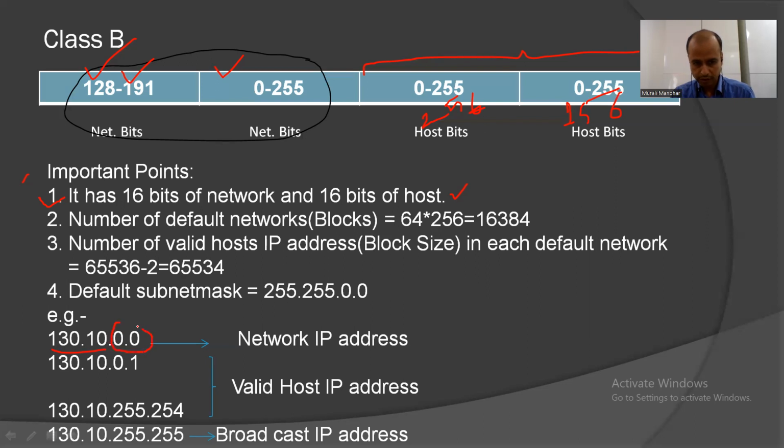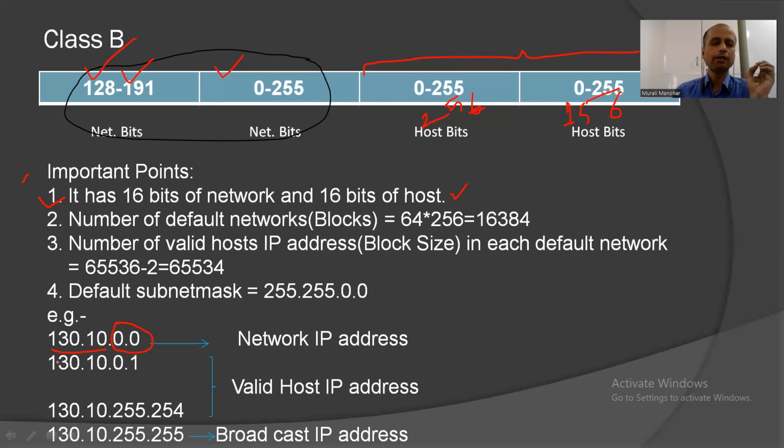The very first value will be 0.0, the next value will be 0.1, 0.2, 0.3, 4, 5, up to 255.255. Means the very first IP will be 130.10.0.0 and the very last IP will be 130.10.255.255.